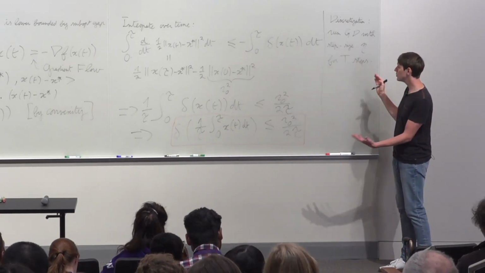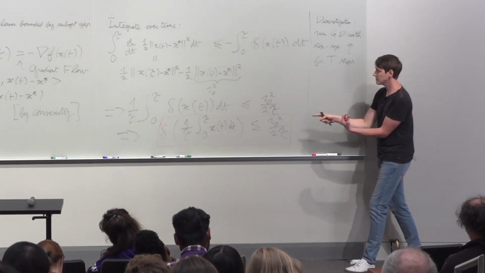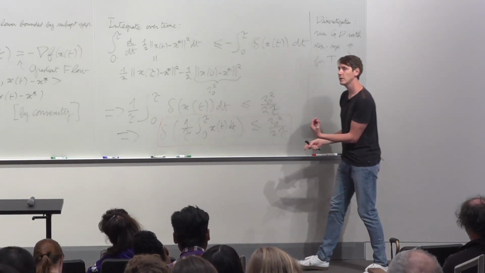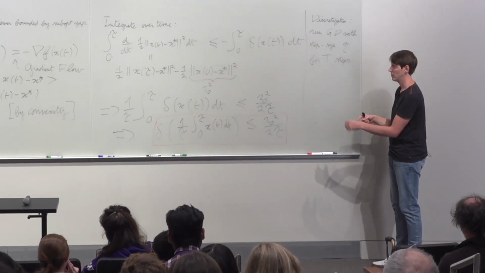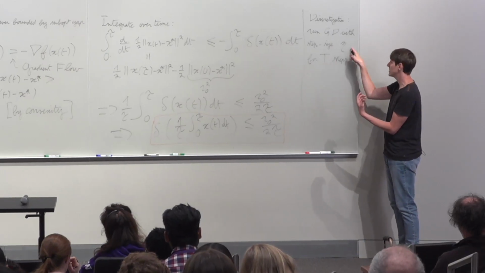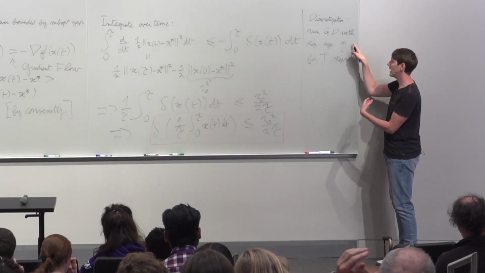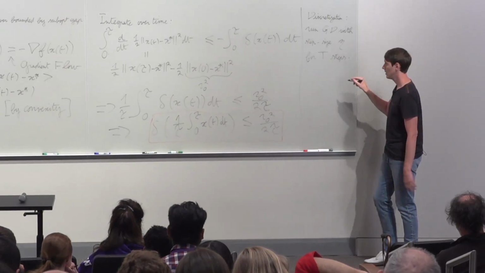Okay, so what do we expect? If you run it with step size eta, what is gradient flow doing? Gradient flow is running gradient descent with step size dt. Here I'm running it with step size eta. So if I do that for T steps, I expect to be at time tau on the gradient flow, which is T times eta.